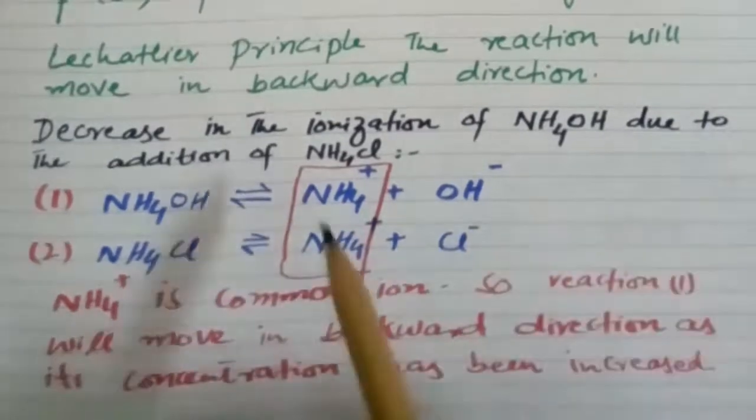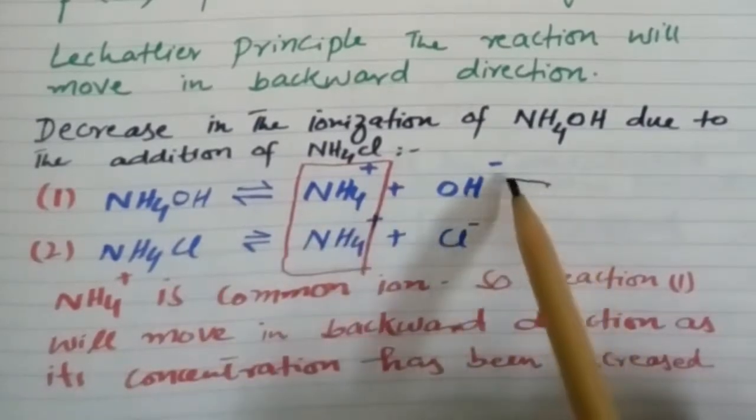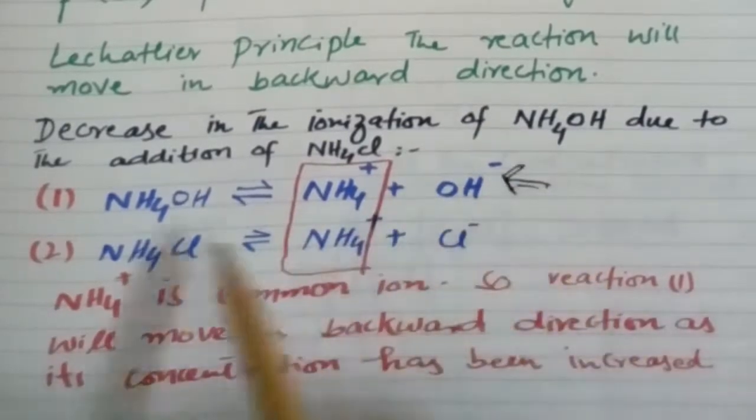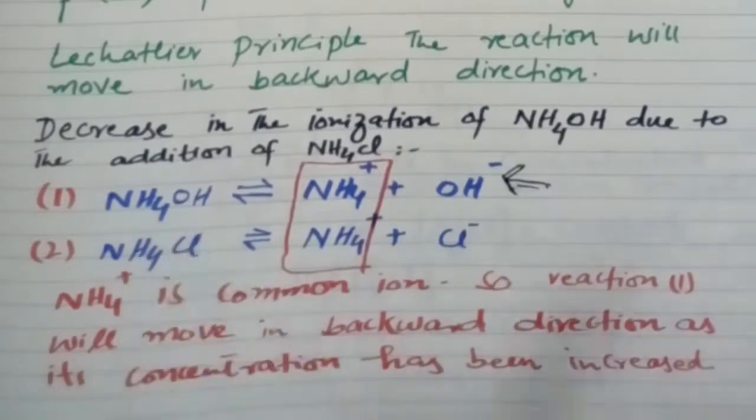It will increase ammonium ion in the first reaction, and the first reaction will move in the backward direction, and more ammonium hydroxide will be produced. So this type of effect is the common ion effect, and it follows Le Chatelier's principle. That's all about the common ion effect.